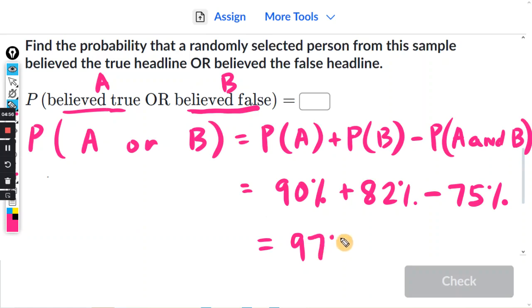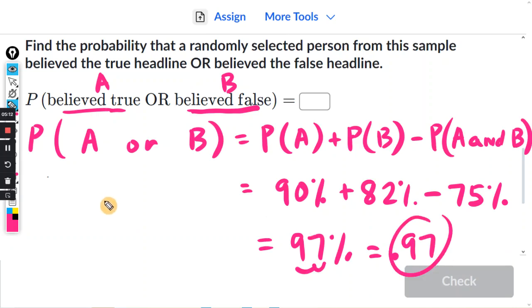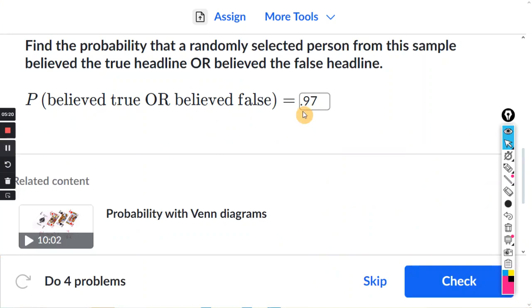Final answer, except they don't have percentage on the answer. So you just have to convert the final answer to a decimal. 97% is the equivalent of 0.97. So that goes in the box. But you need to use this formula here. 0.97. Make sure you use the decimal.